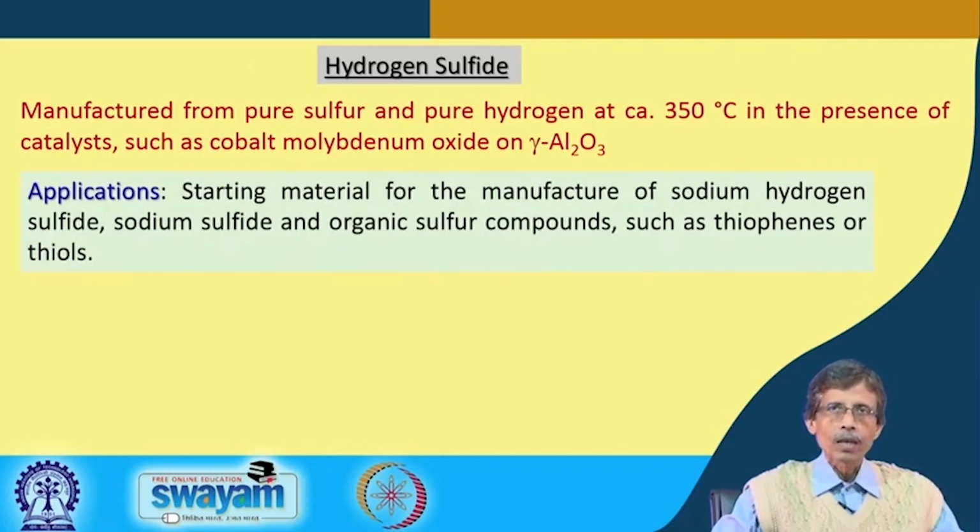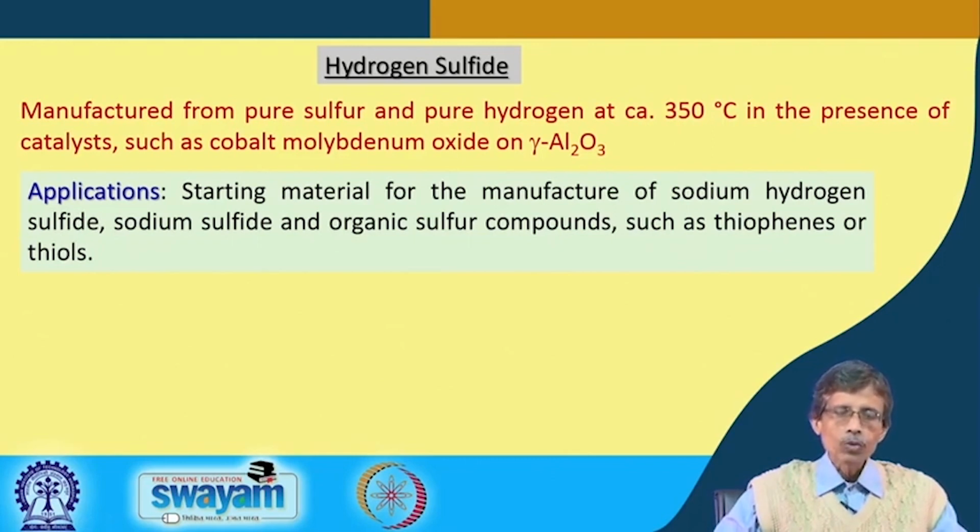This hydrogen sulfide you can have in your hand can be very useful also, because we will see how we can make other sulfide salts. The most important one is sodium sulfide. How do we get this sodium sulfide, because sodium sulfide also has some huge applications. But this H2S can be a starting material for the manufacture of sodium hydrogen sulfide, NaHS.